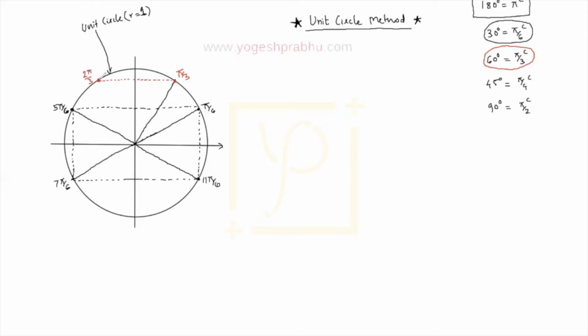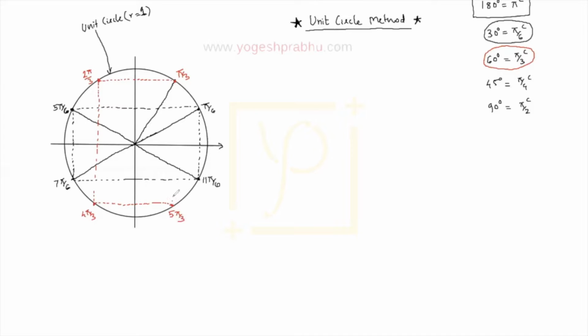Is this clear? So now just keep on doing that. Let me extend it like this. If I extend, this angle here is going to be 4 pi by 3. Now keep doing that and you will reach here, and then the angle after 4 pi by 3 is 5 pi by 3.